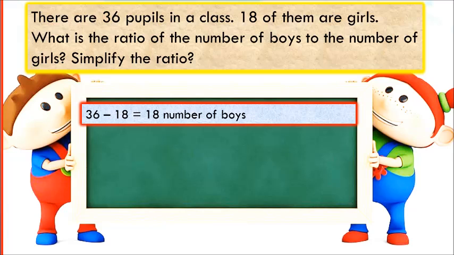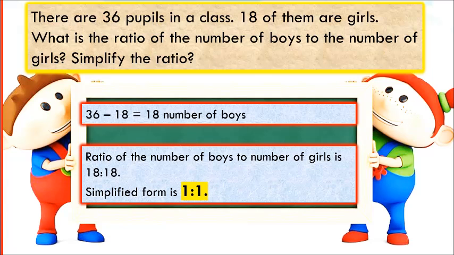What is 36? This 36, we are referring to the number of pupils. And 18 here is the number of girls. It is equal to 36 minus 18. We are referring already to the number of boys.